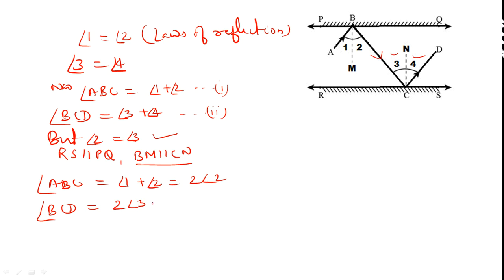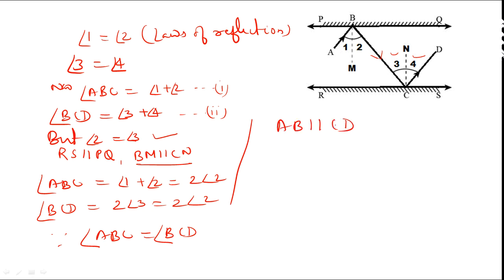But angle 3 is equal to angle 2, so I will write twice angle 2. Hence ABC is equal to BCD. If ABC and BCD are equal, just see in the diagram, alternate interior angles are equal. Therefore AB will be parallel to CD.